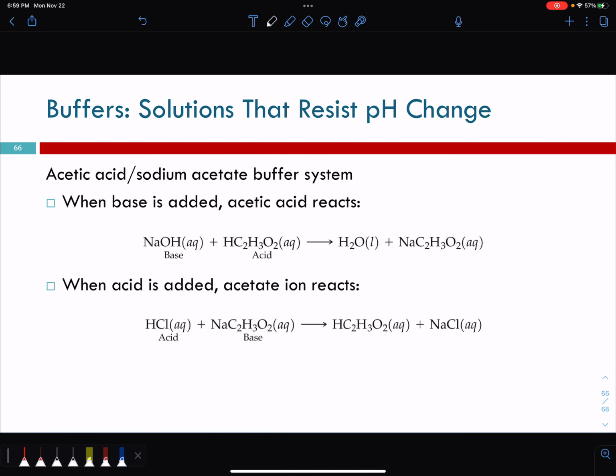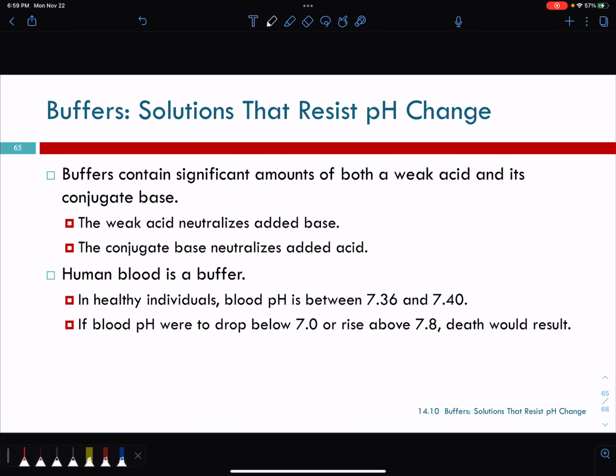I think we talk about buffers, but we don't calculate anything for buffers. Okay, so the last slides. Buffers contain significant amounts of both a weak acid and its conjugate base. The weak acid neutralizes any added base, and the conjugate base neutralizes any extra acid. Human blood is a buffer.